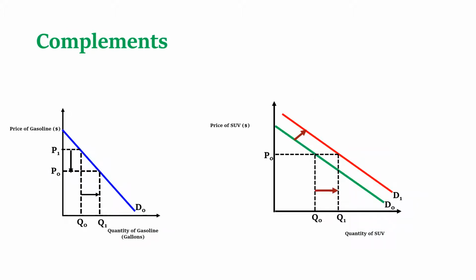Now, for complement, when the price of gasoline falls, you expect people to buy more gasoline, right? And if they buy more gasoline, the demand for cars or SUVs will increase. You see, the fall in the price of gasoline has resulted in an increase in the demand for SUVs.